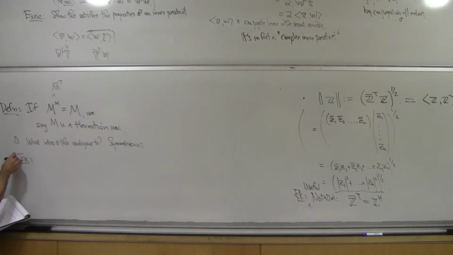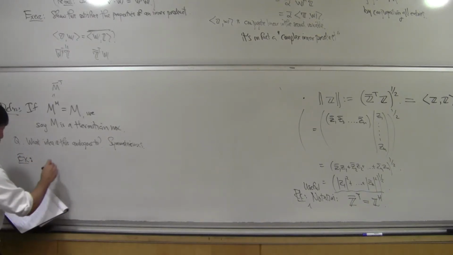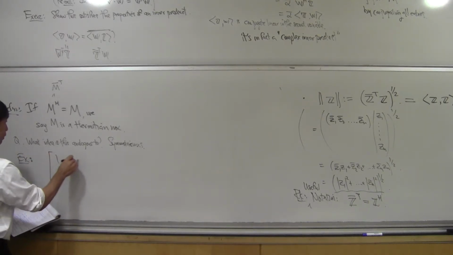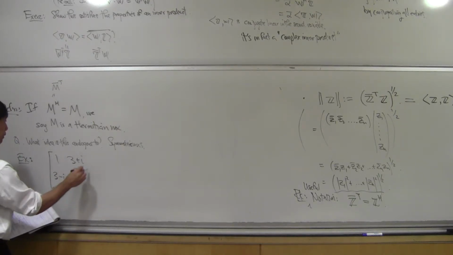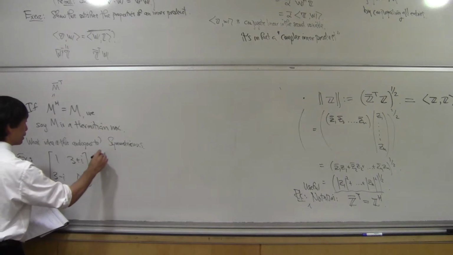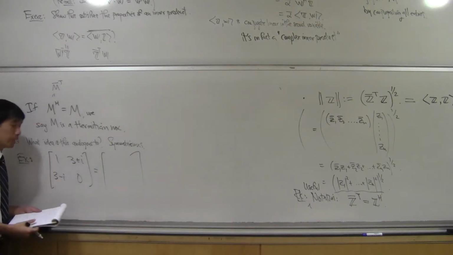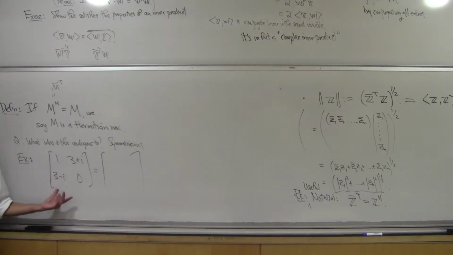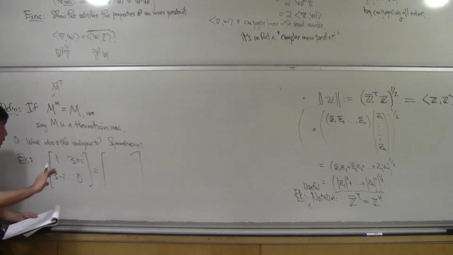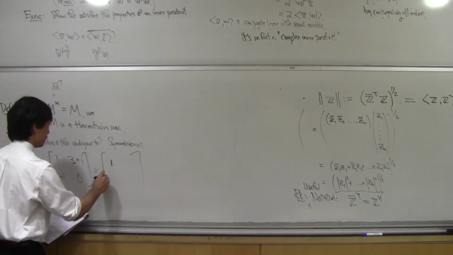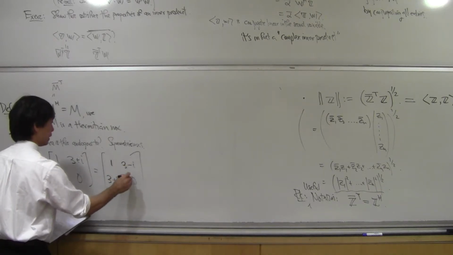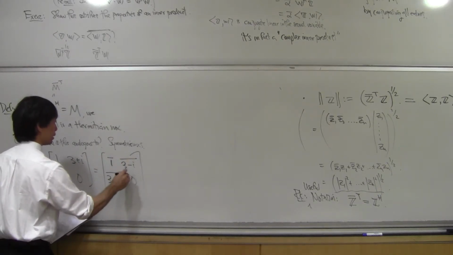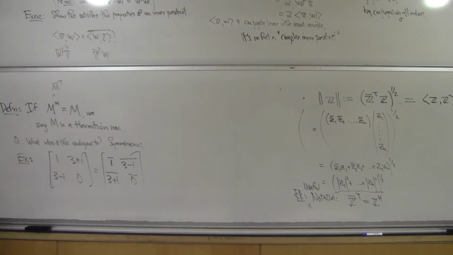Let me give you an example of what a Hermitian matrix looks like. You have, for example, 1, 3 plus i, 3 minus i, 0. This is a Hermitian matrix because if you transpose it and conjugate everything, you get the same matrix.